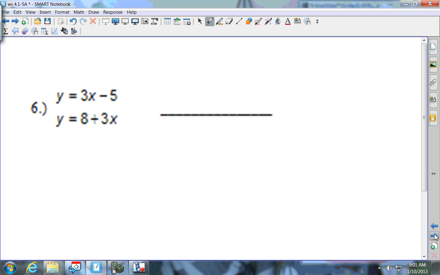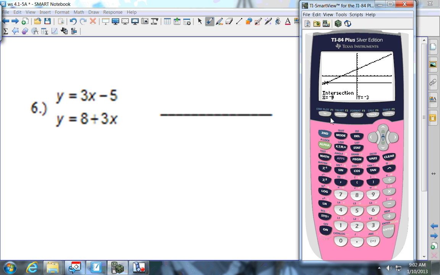Next one. Put this one in the calculator and see what happens. Let me get these out. We've got 3x minus 5, and I've got 8 plus 3x. I'm going to press graph. Well, dang, they look like they're parallel lines. That makes sense because look, the 3x and the 3x, they have the same slope.